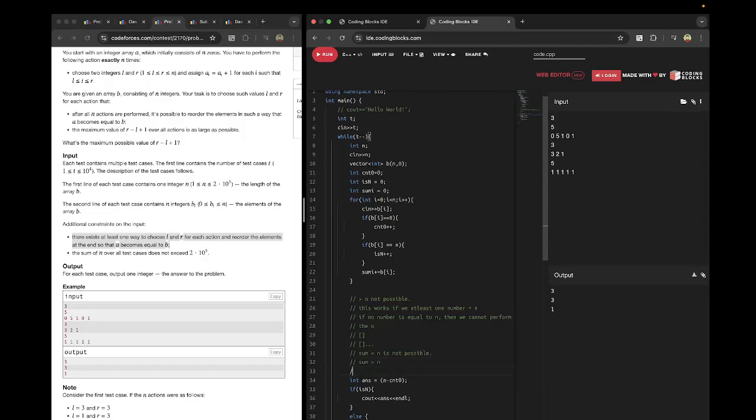Now, what it tells us is that if our current answer, that is all numbers except zeros, and we would need the max number, right?